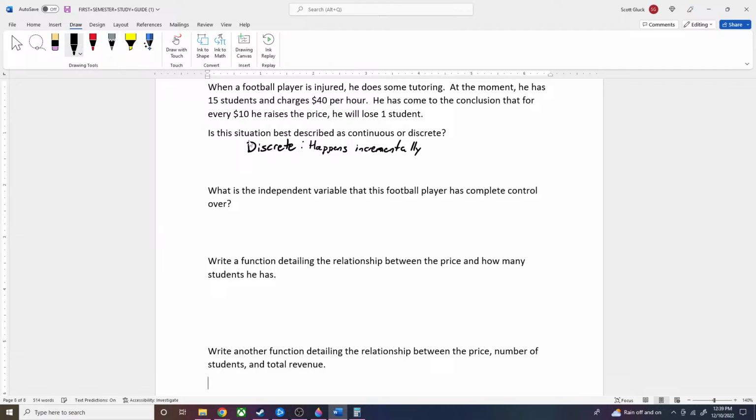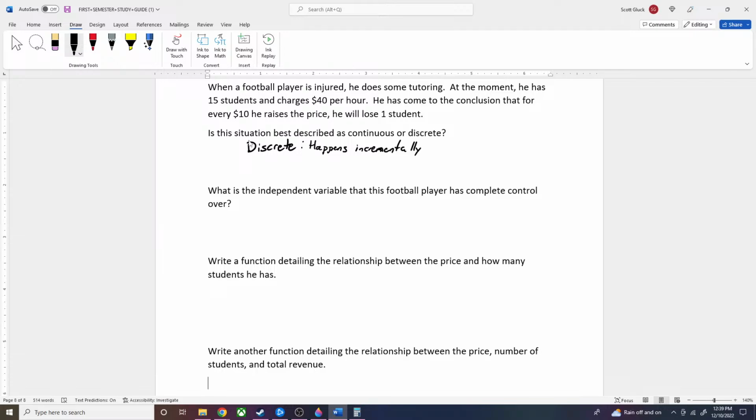This happens incrementally or irregularly. It's not something that is constantly happening. Why is that important? Well, think about it this way. What if he only rose the price by $4? Would he lose 40% of a student? No, you can't really lose a fraction of a person, right?